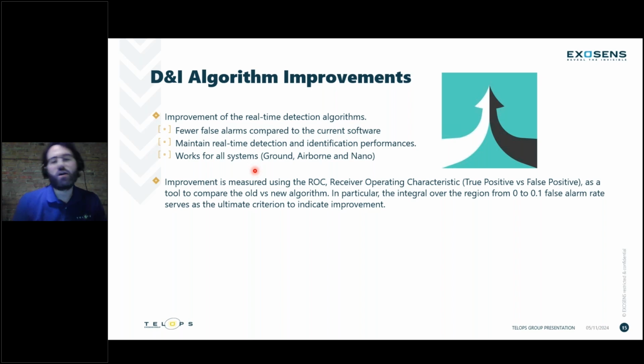The receiver operating characteristic curves, a comparison of true positives and false positives. It's an interesting tool to compare the old and the new algorithm. The key aspect is to look at the first 10% of that curve, and see how much of an improvement we have in that region of true versus false positives.